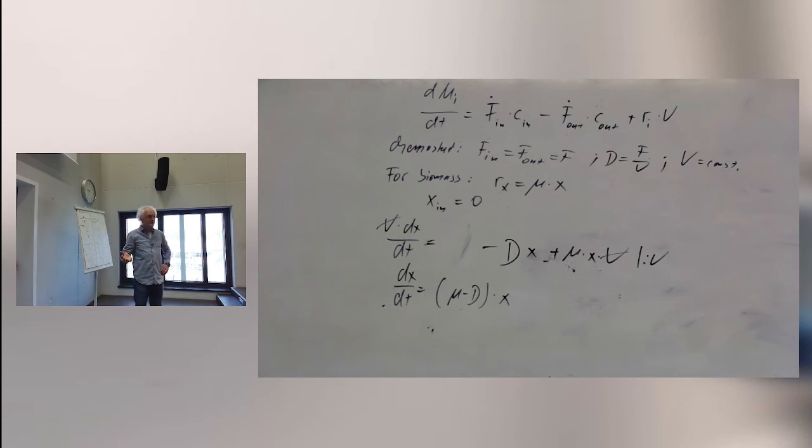Even in the steady state, dx dt is 0, but there is growth because I have a dilution. And now comes the coolest thing about this chemostat. Come on, this is important. Don't miss that.